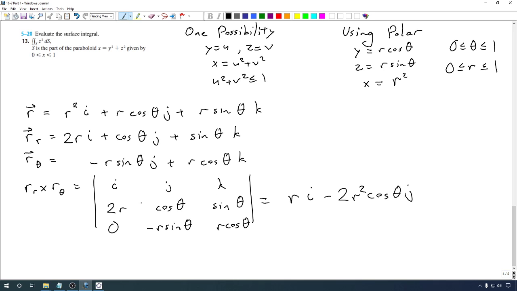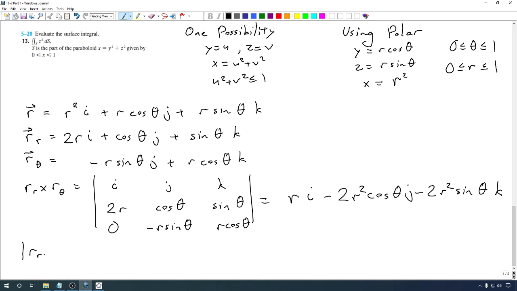Finally, for k, now we're dealing with this 2 by 2 over here. We have 2r times negative r sine theta minus 0. So we end up with a minus 2r squared sine theta k. And of course, it's not a coincidence that we end up with a very similar form for j and k.